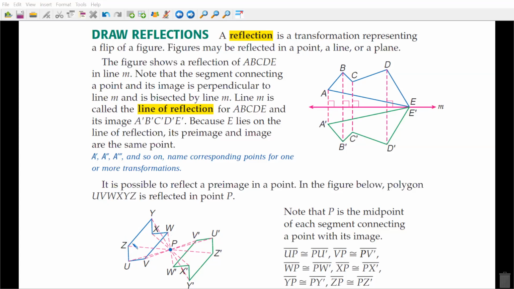and reflect in point P. Okay, so look, it's reflected within point P. So what you do is you have to measure here. It's not going to be as simple as this one, because here you had a line which made it easier. And now in this one, you're going to be reflecting on a point.